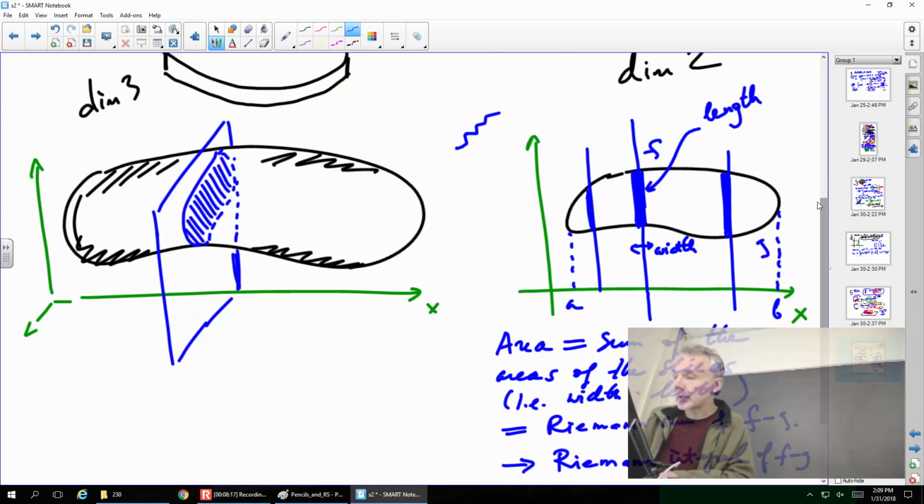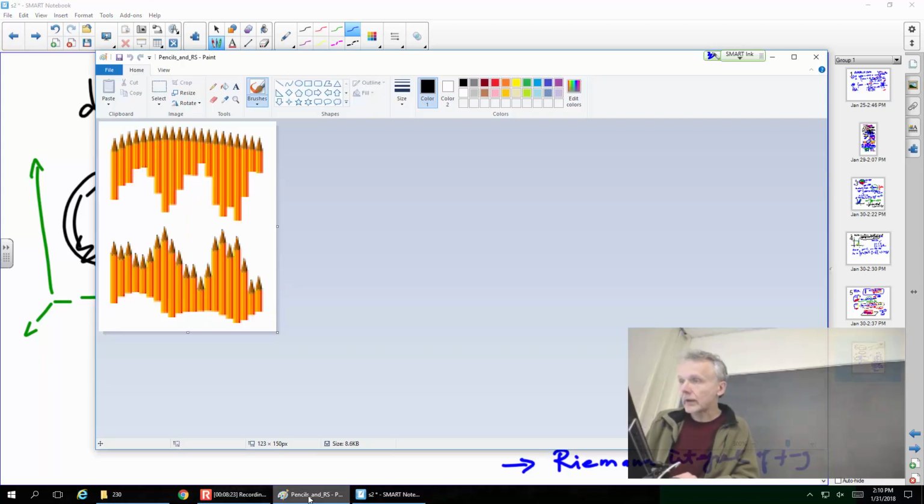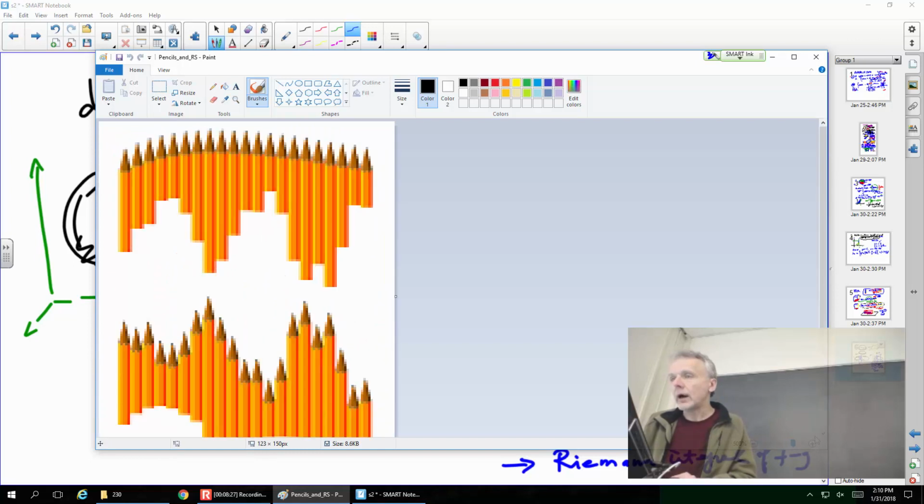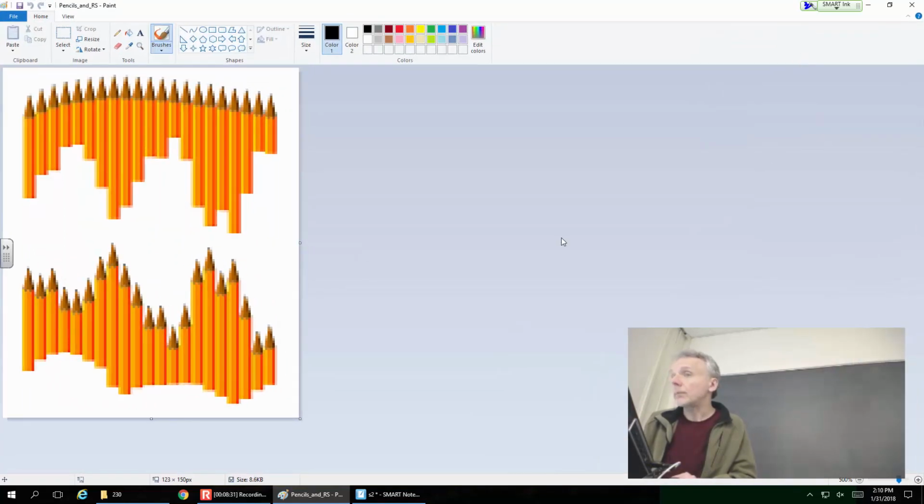Well, let me first bring up what I already talked about a few times, but I didn't have a good picture. So that's a better picture of how one could compute areas of a region that is determined by an upper edge and a lower edge.